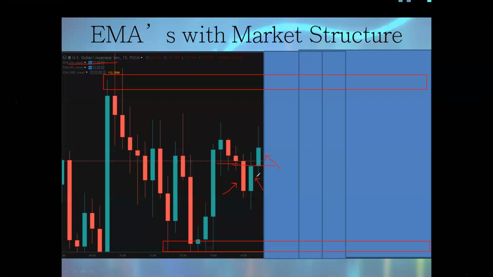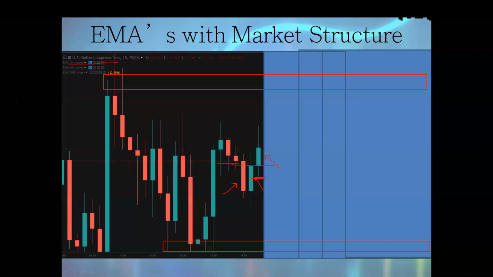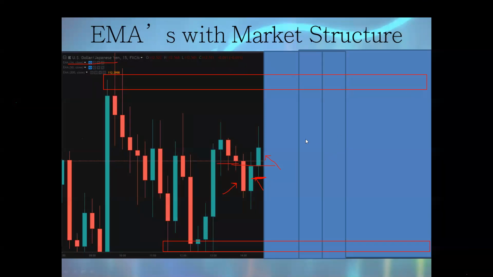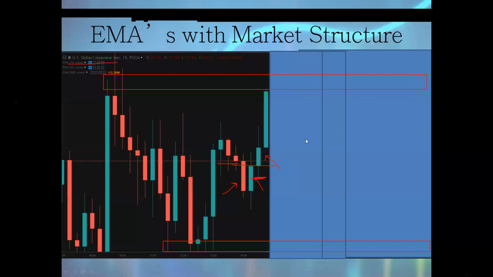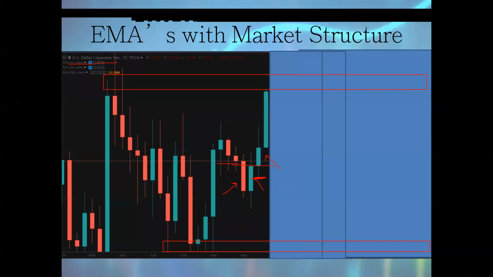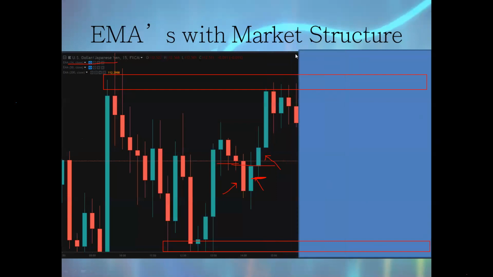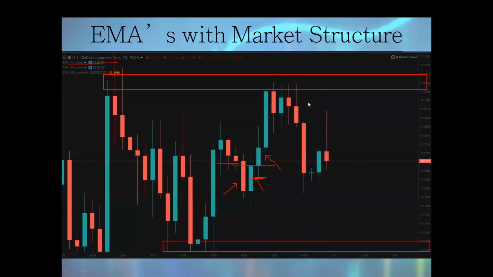So the stop will be below this candle here. Oh, look, we came up. Then it started to range, because look at the time. But in volatile times, it will continue to go further up.